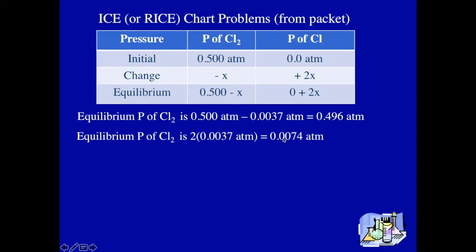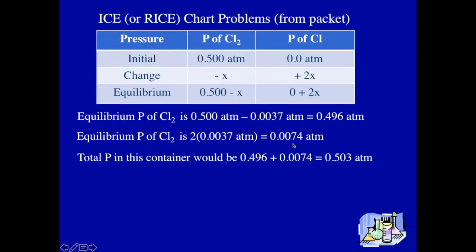And 0.0074 atmospheres comes from monoatomic chlorine gas because its original pressure was 0 and we've gone up to 2x, which we calculate, with x as 0.0037, as 0.0074 atmospheres. Now, total pressure, Dalton's law of partial pressures, we add these up, we get 0.503 atmospheres. That would be the total pressure.